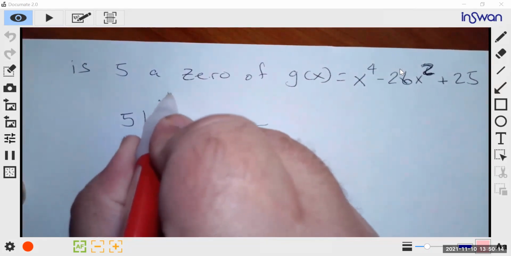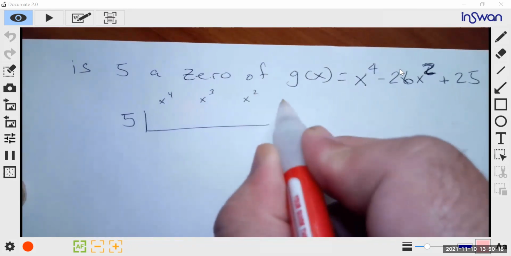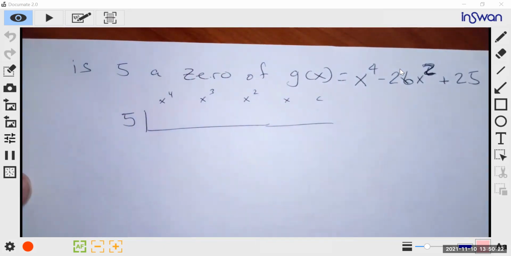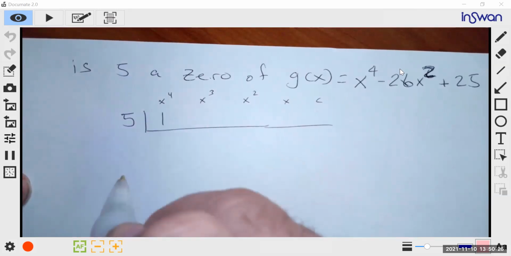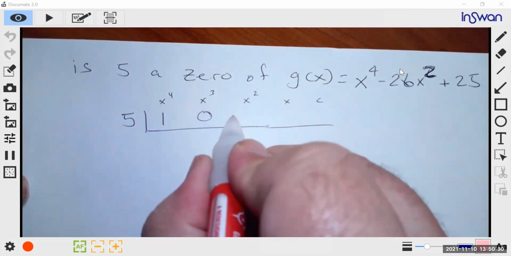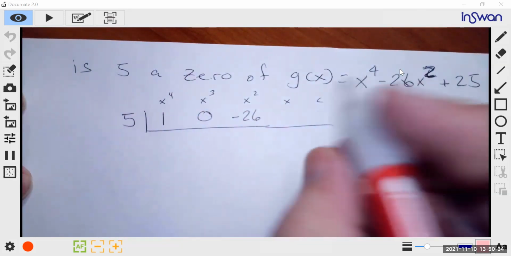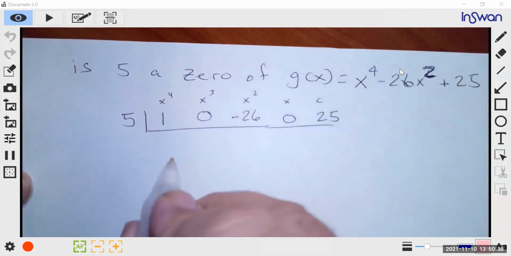So we have x to the fourth, we have x cubed, x squared, x, and a constant. The coefficient of x to the fourth? 1. We have no x cubes. Negative 26 for x squared. There's no x's, and there's 25 of those.